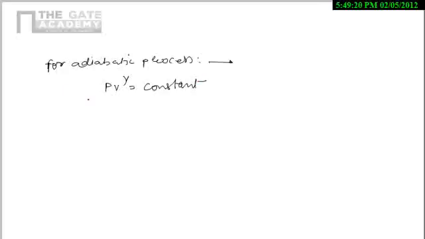Now for adiabatic process, we are having the governing equation, that is PV to the power gamma is constant. So we are having P1 V1 to the power gamma equals P2 V2 to the power gamma. So here gamma is 1.4.